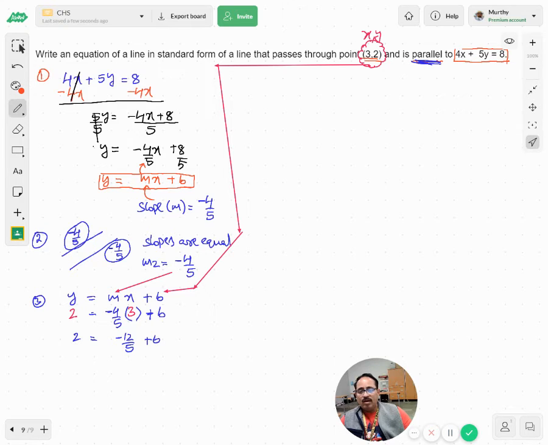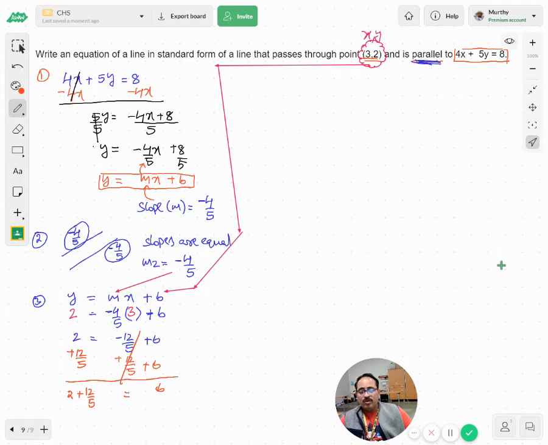We take the opposite sign, which is positive 12 over 5, so b equals 2 plus 12 over 5.